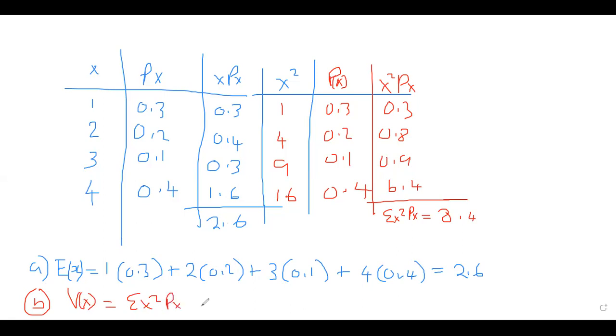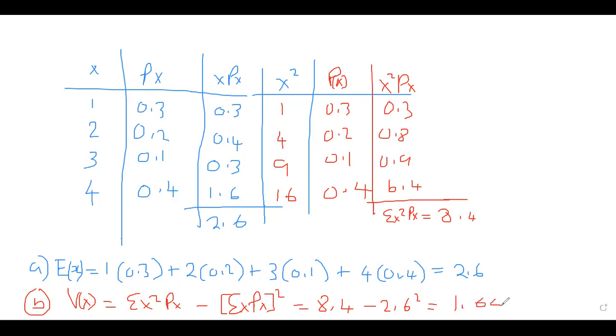Then we subtract the mean, which is the value of xP(x) to the power 2. So this is 8.4 minus 2.6 squared. All right. What do we get? 1.64.